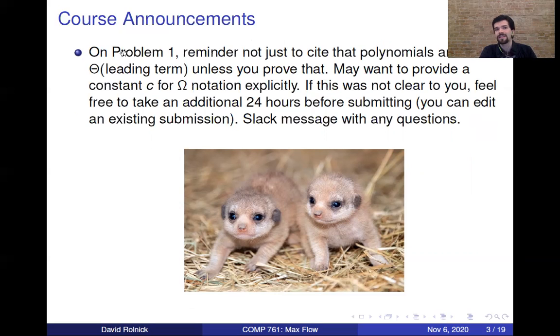If you just cite it, then that's not enough, because we didn't really prove that in class. The goal of the problem is to get you to dive into the definition of theta notation. You may want to provide a constant c for the big omega explicitly. And if this wasn't clear to you, feel free to take an additional 24 hours before submitting or editing your existing submission on my courses.